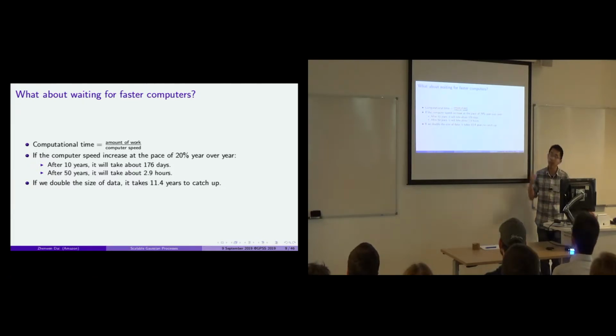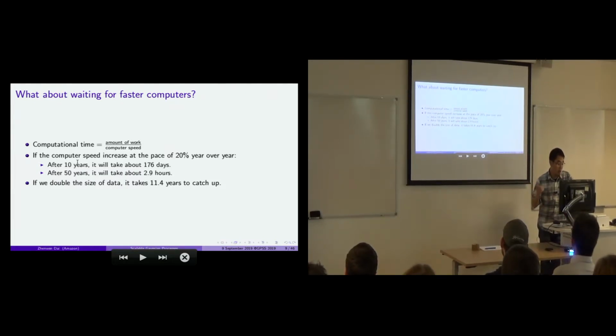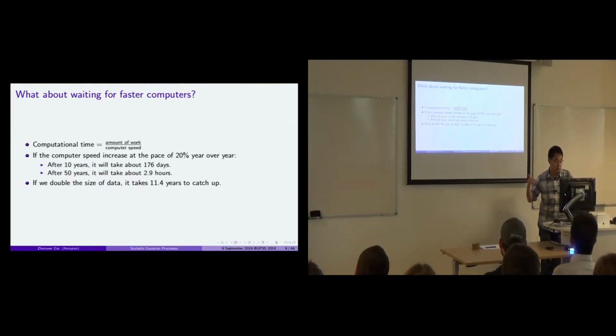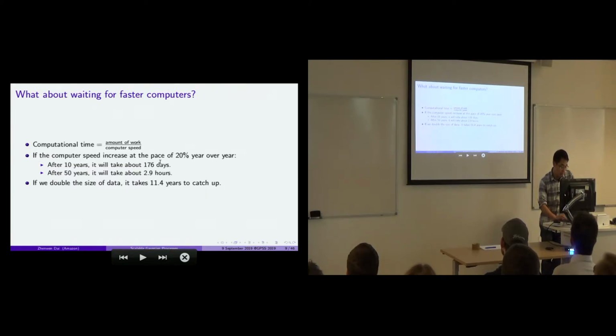So I try to show a simple math: if we wait with about a 20% year-over-year increase, and we wait about 10 years, how long would it take to compute a GP log likelihood for 1 million data points? It turns out that after 10 years it takes about 176 days, and after 50 years it will go down to 3 hours.